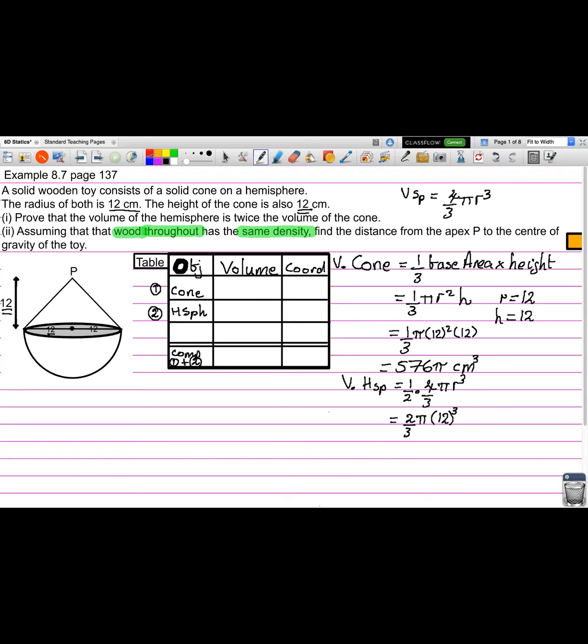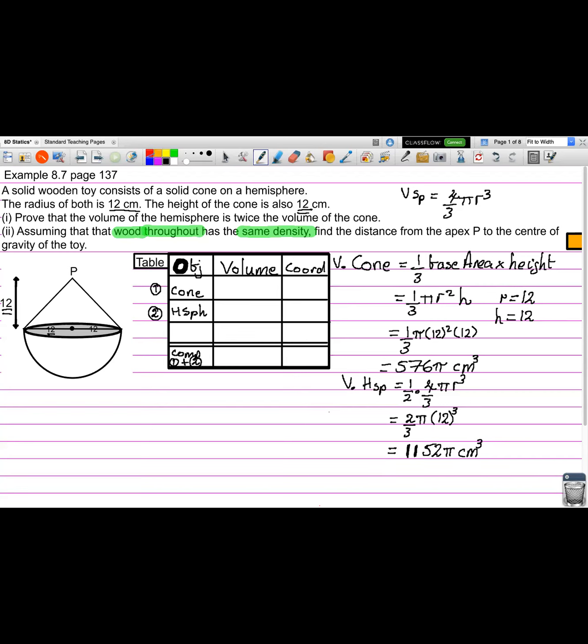And again, I would appreciate someone had a calculator to hand. I think it's going to be 1,152 pi centimeters cubed. Is that correct?